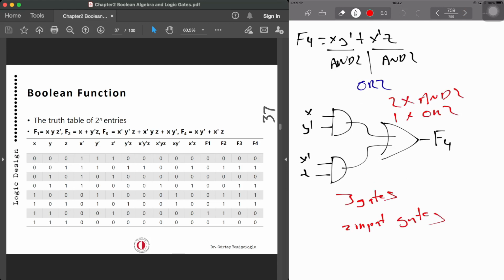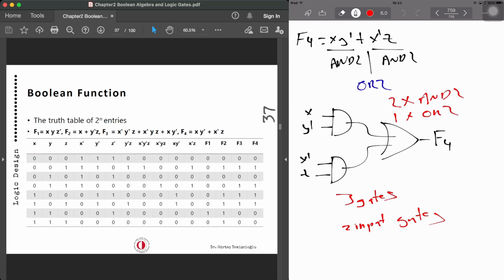So as a designer, which one would you prefer to have? F3 or F4? Most designers, as we are thinking about more compact, cheaper and area-efficient solutions, go for F4.